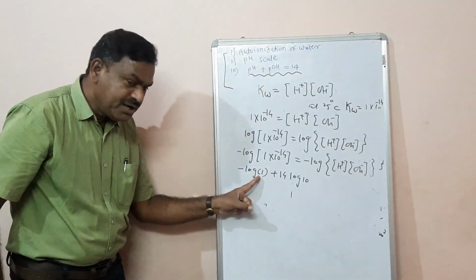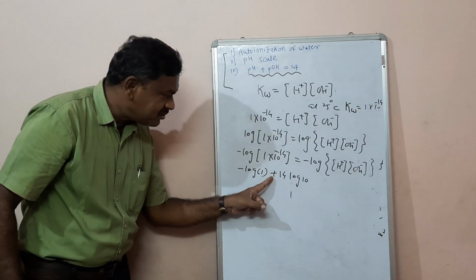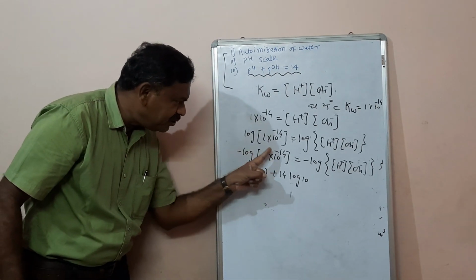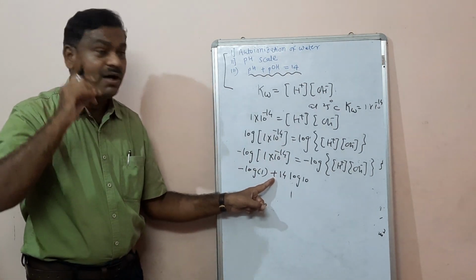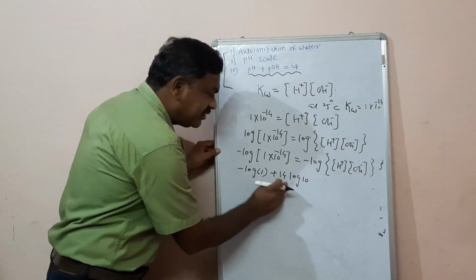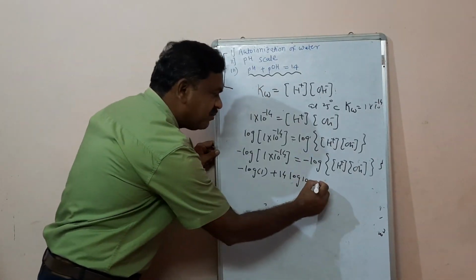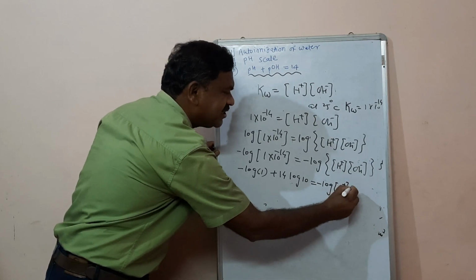Log in bracket 1 plus. How that plus? This minus into minus is a plus, and 14 according to the rule of log: log 1 plus 14 into log 10, is equal to minus log of the H plus ions concentration.